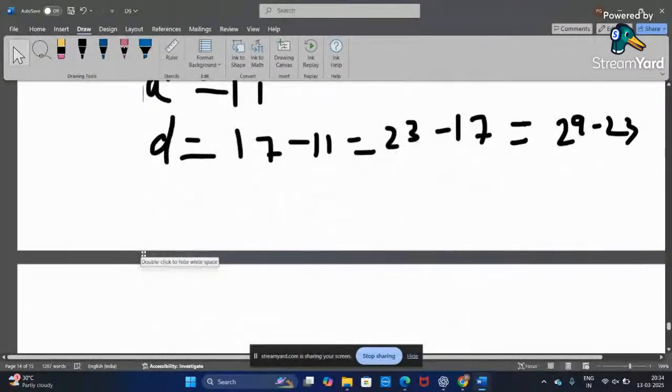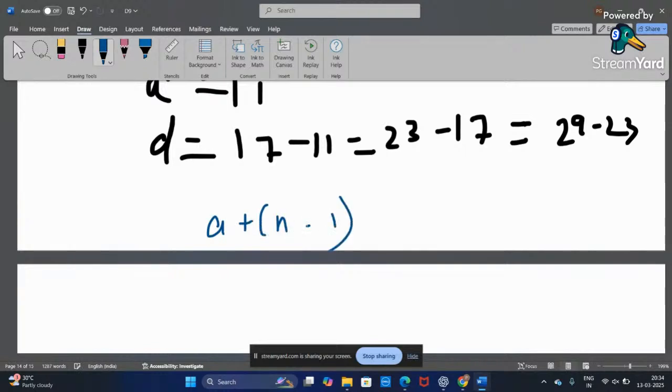This is how we need to find out. We all know that the nth term of the AP will be A plus n minus 1, right? A is what? 11. So, how to find? Your A is 11. We don't know the n, so it is n minus 1, right?